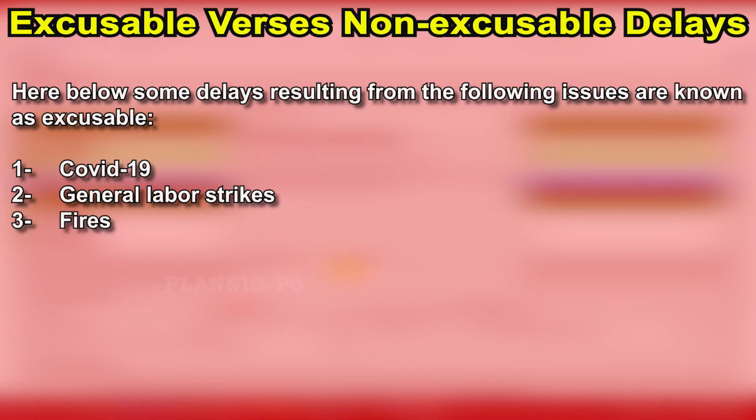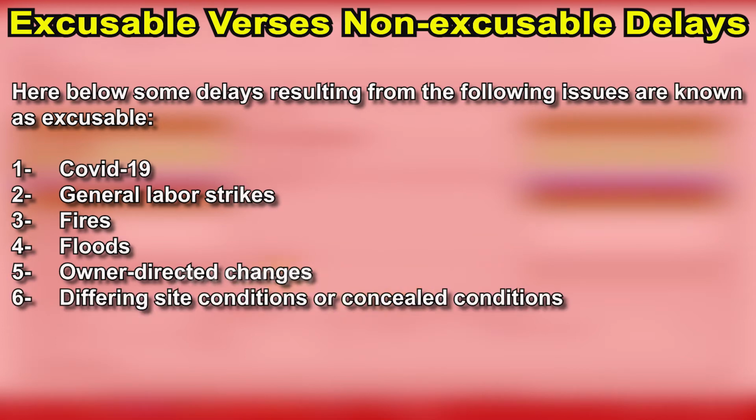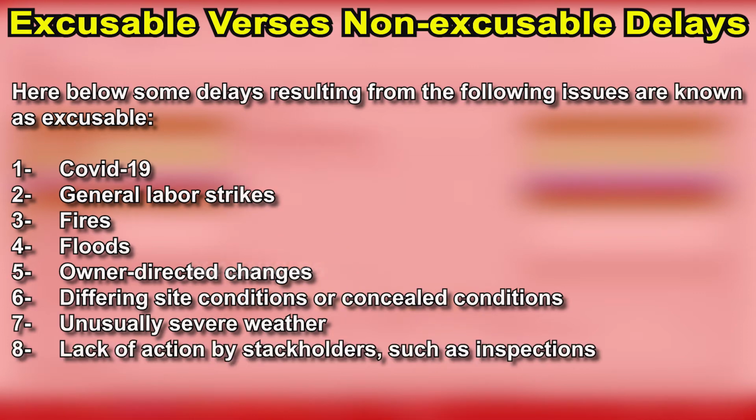Number 3, fires. Number 4, floods. Number 5, owner directed changes. Number 6, differing site conditions or concealed conditions. Number 7, unusually severe weather.